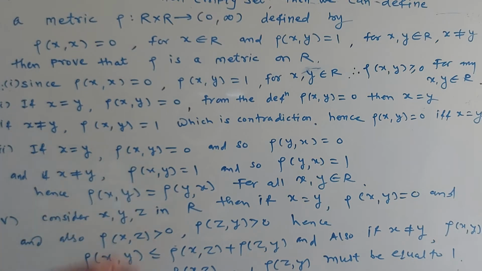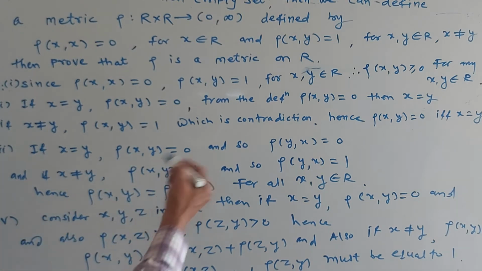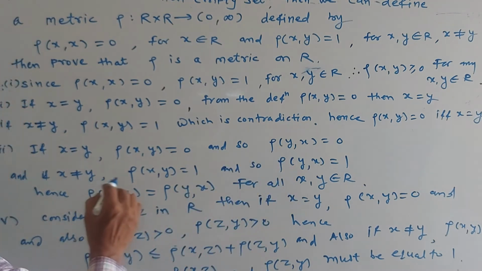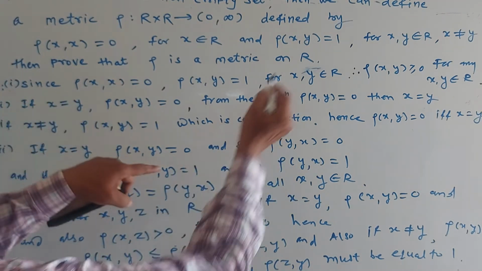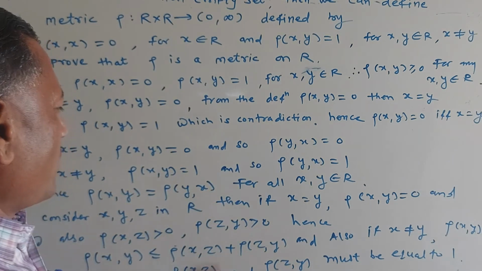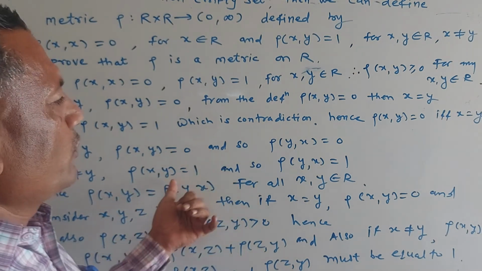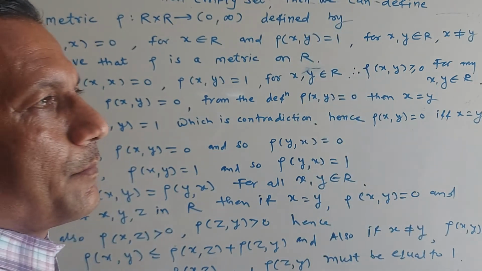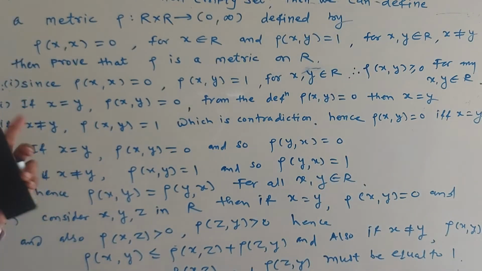If x is equal to y, rho of xy is equal to 0, so we get rho of yx is equal to 0. If x is not equal to y, rho of xy is given 1. Therefore, rho of xy is equal to 1 means the distance from x to y is 1. The distance from y to x is also 1. Hence, rho of xy is equal to rho of yx for all x, y belongs to R. Therefore, the symmetric property is also satisfied.